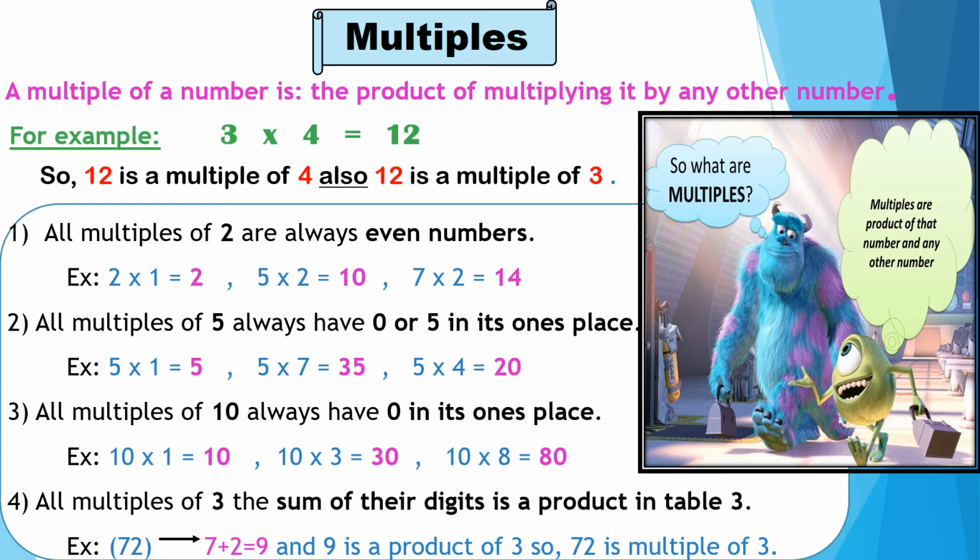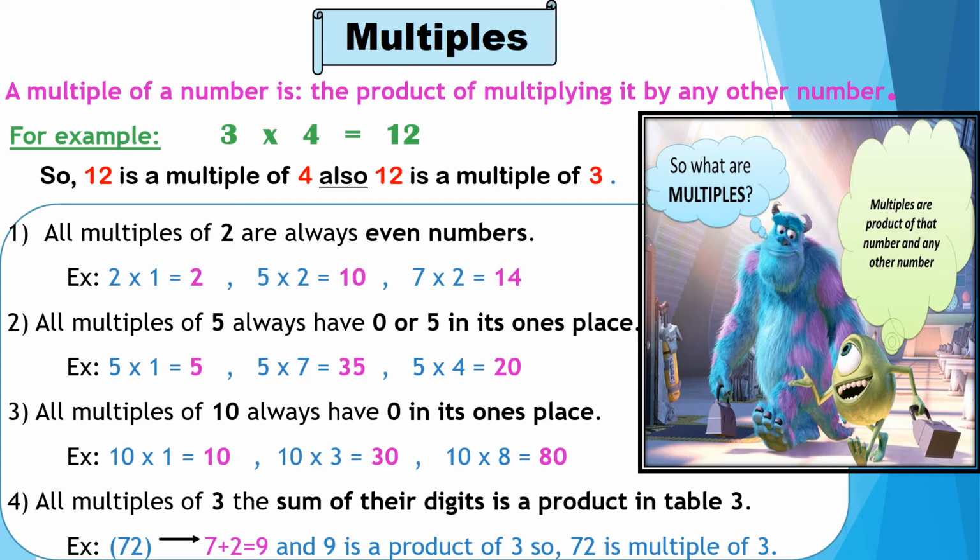What do you notice for all products here? We have 5, 35, 20. They are the products. We will find that in the ones place we have 5 or 0 only. So any number multiplied by 5 will give me a product which has 0 or 5 in its ones place.